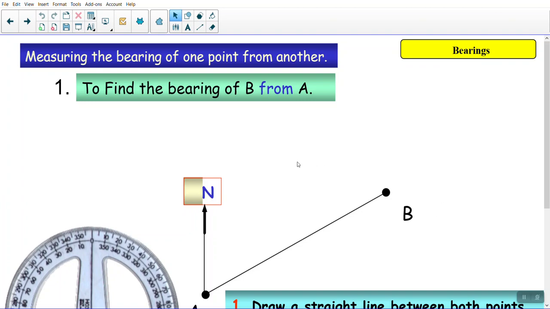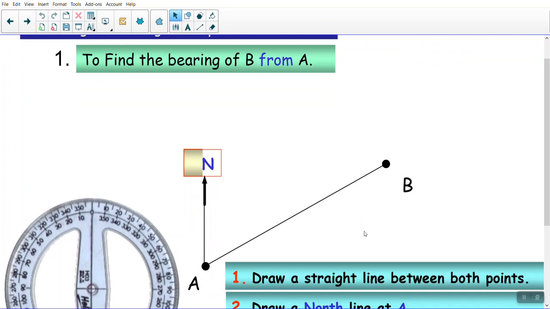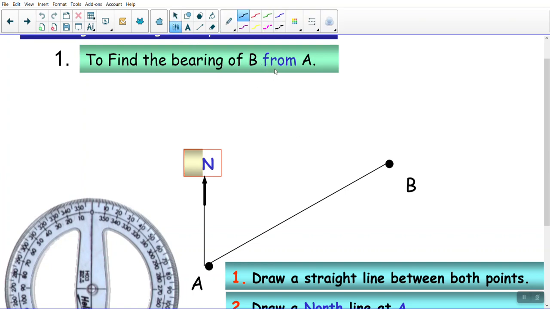Let's say we are given 2 points A and B, and we have to find the bearing of B from A. So the point to note here is what we are trying to find: the bearing of B from A. First of all, we have 2 points A and B. We are drawing a straight line between both the points. Now, because it says start from A, right?